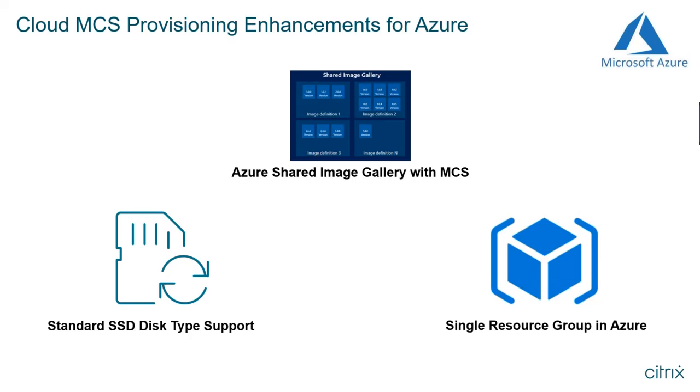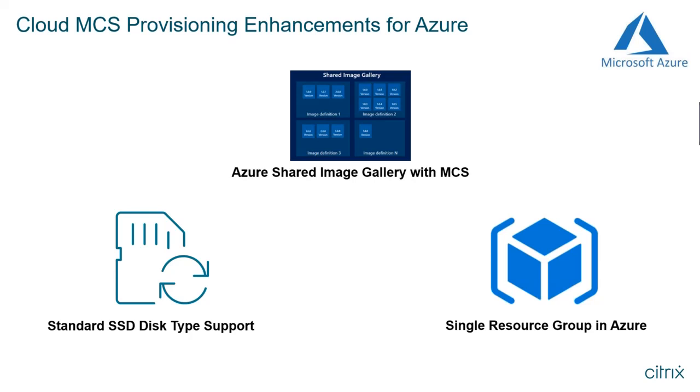As you may know, we've had support for premium disks in Azure, and that's what we recommend for production, not just because of performance, but also the SLAs that they bring with them. But what about those dev and test environments, or perhaps environments that are less critical? Well, now you can take advantage of standard SSD disk types as well when you're provisioning VMs.